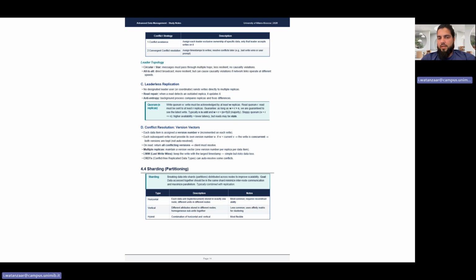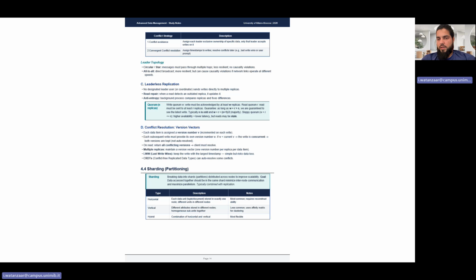The goal is that data accessed together should be in the same shard, minimizing inter-node communication. Between the nodes, or multiple computers, we may have multiple geographic locations or data centers, so they minimize inter-node communication. A certain shard or partition can be distributed across the nodes.